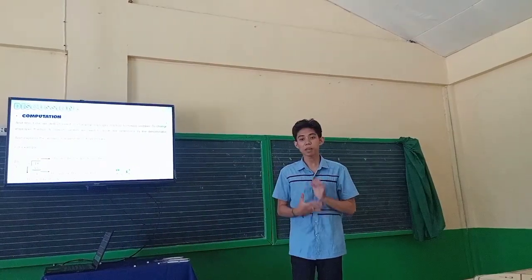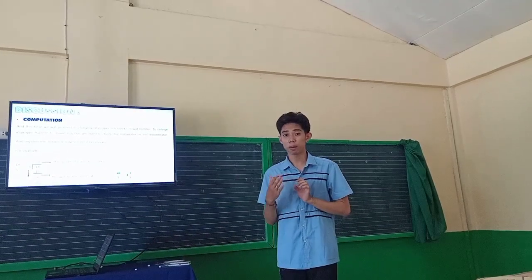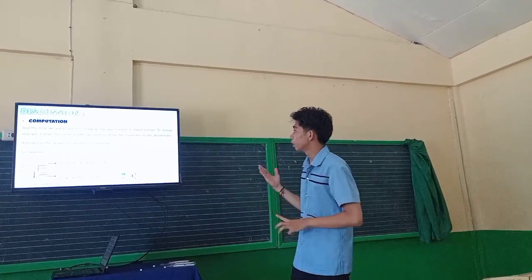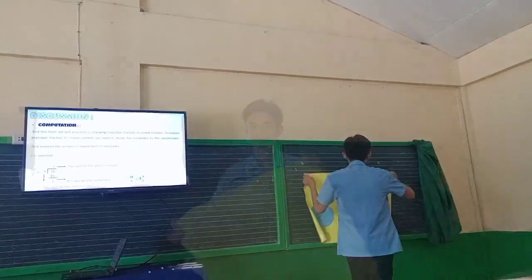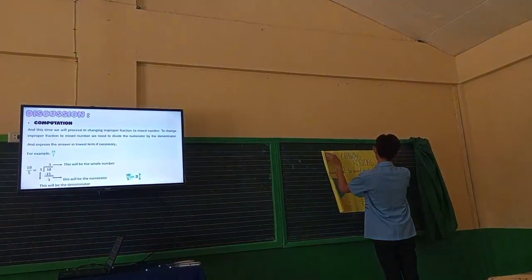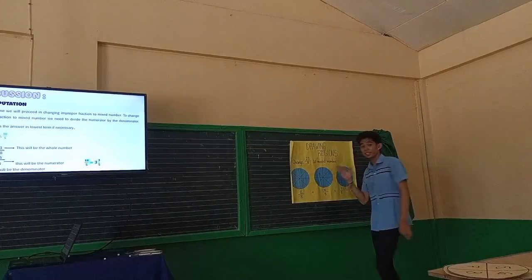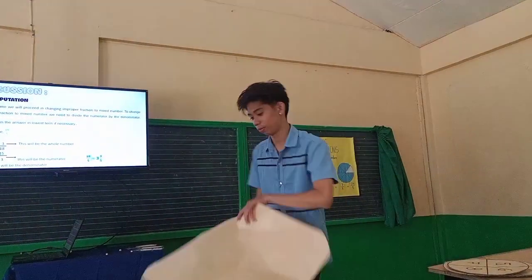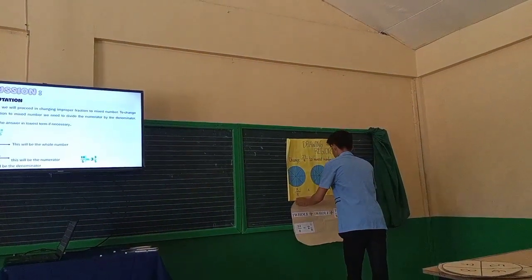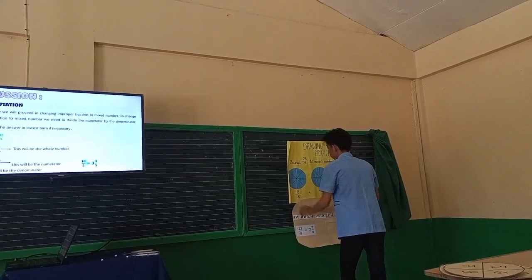And now, I have here an example on how to change improper fraction to mixed number. I'm drawing it.